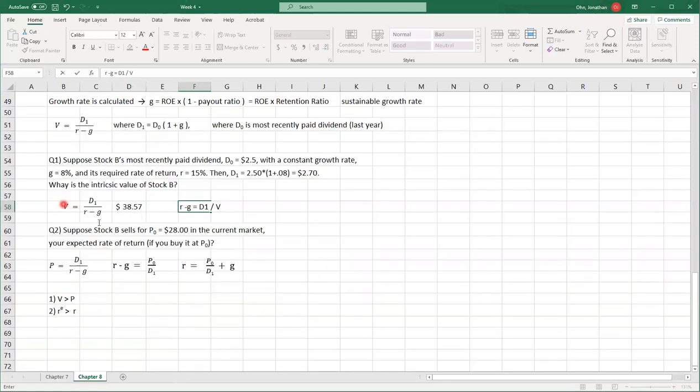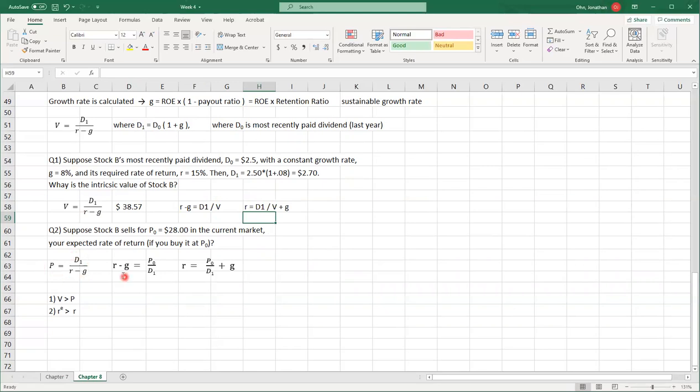If you reorganize this, you'll get R is equal to D1 over V plus G. You move G over to the other side with the opposite sign. We have to use this one here to calculate this one.